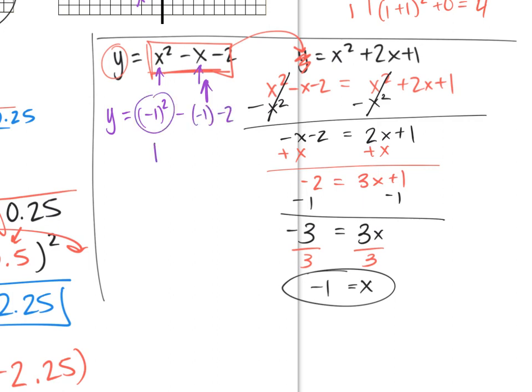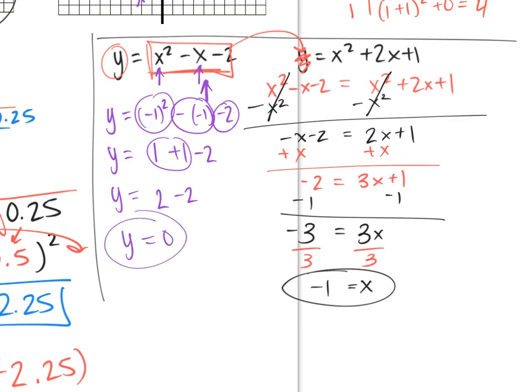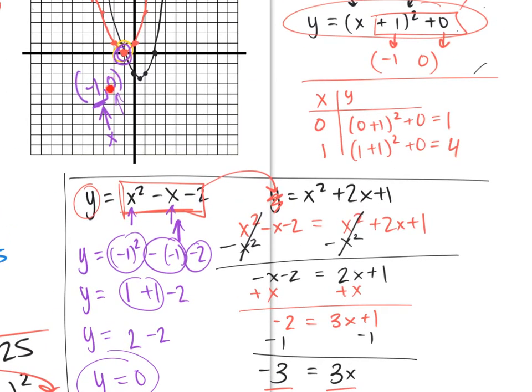This will give me 1, this will give me plus 1, and then this will give me minus 2. So that means y equals 2 minus 2, or y equals 0. Exactly what it's supposed to be. Y equals 0, x equals negative 1. You found your one and only intersection point for part C.